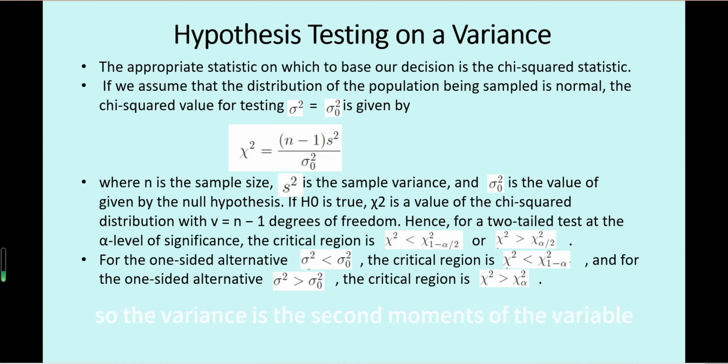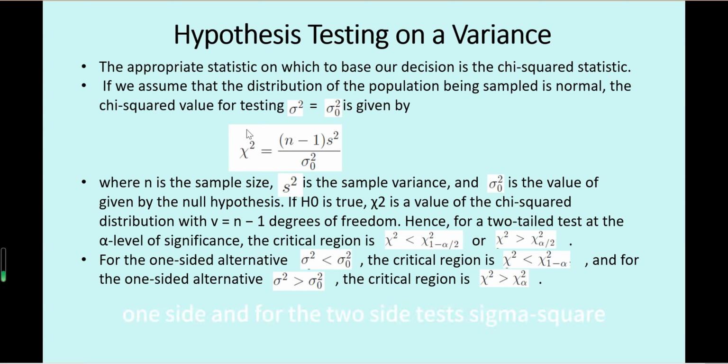The variance is the second moment of the variable, and that's why we use chi-square. The chi-square distribution is the summation of squared standard normal variables. So the summation of squares of the variables has a chi-square distribution if the variable has a normal distribution.